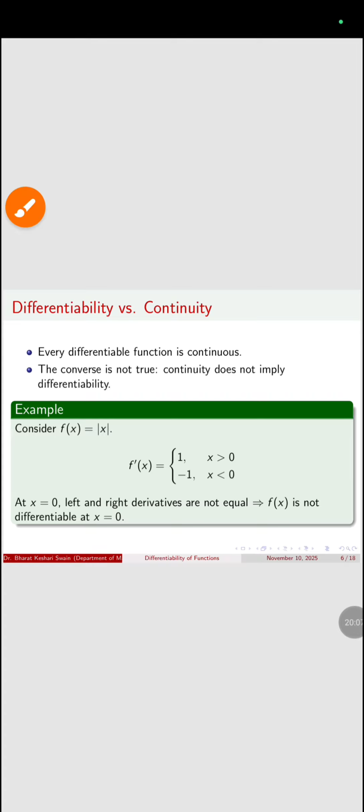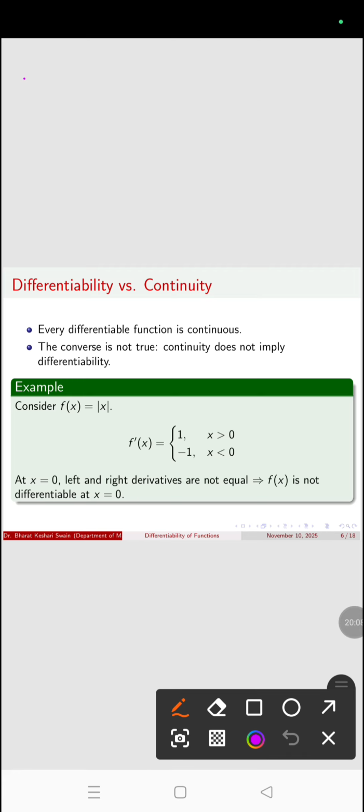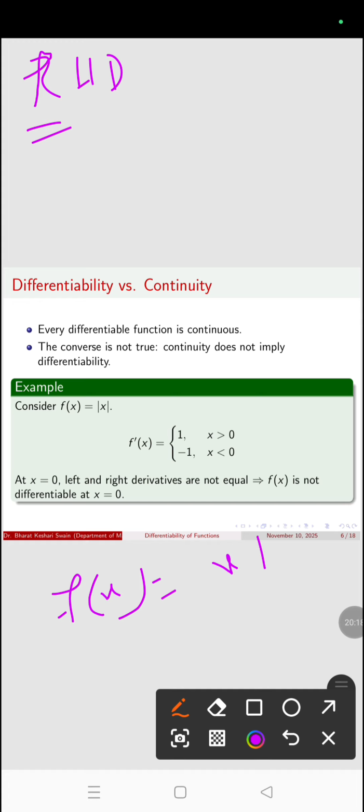Our function f of x is mod x, and the point is 0. At x equal to 0 we have to check whether it is differentiable at that point or not. So x equal to a, and here a equal to 0.